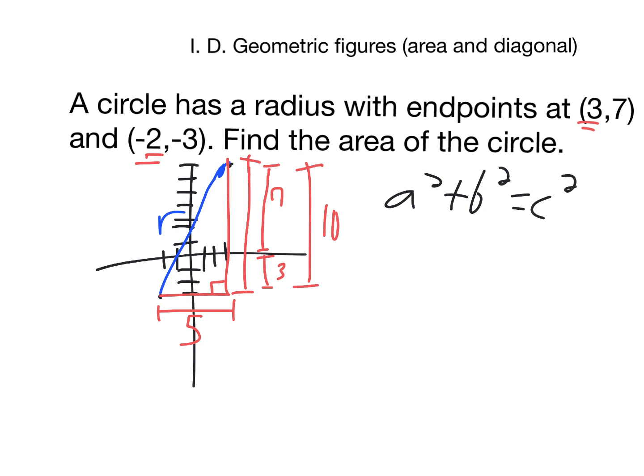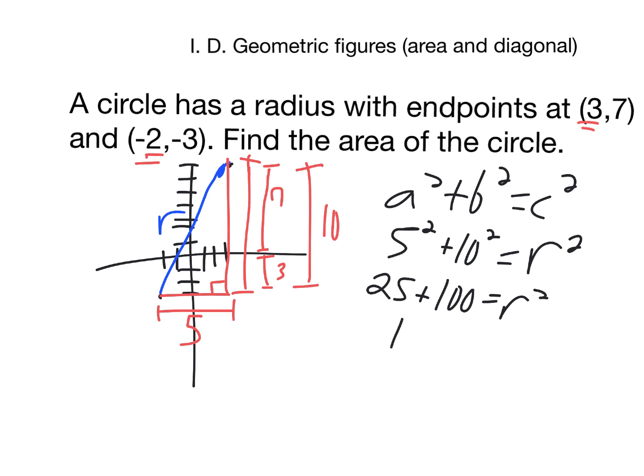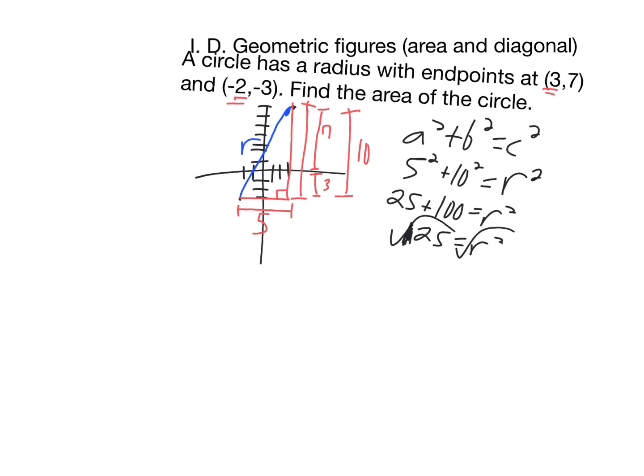So a squared plus b squared equals c squared, and the c is the longest side on our right triangle. 5 squared, 5 times 5 is 25, 10 times 10 is 100. And then if you add those together it's 125. So the radius would be the square root of 125.